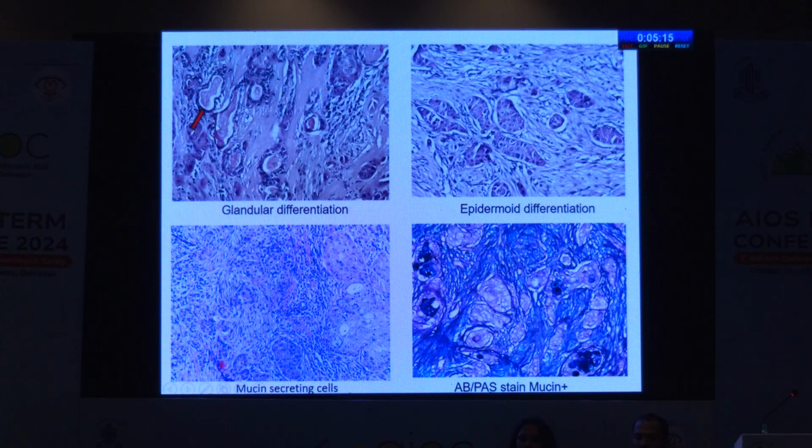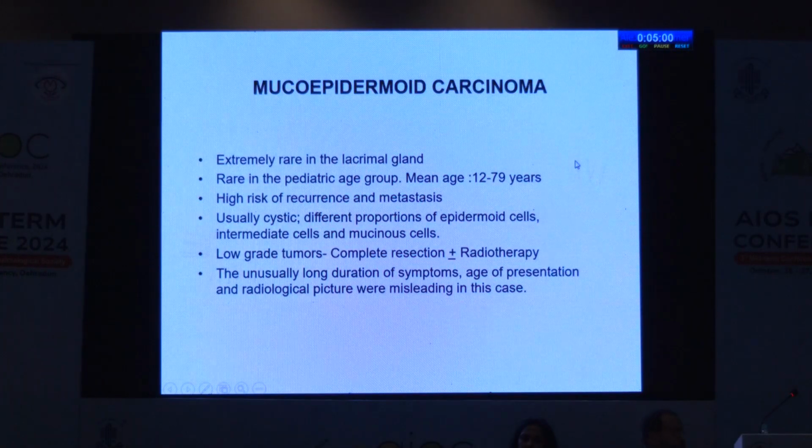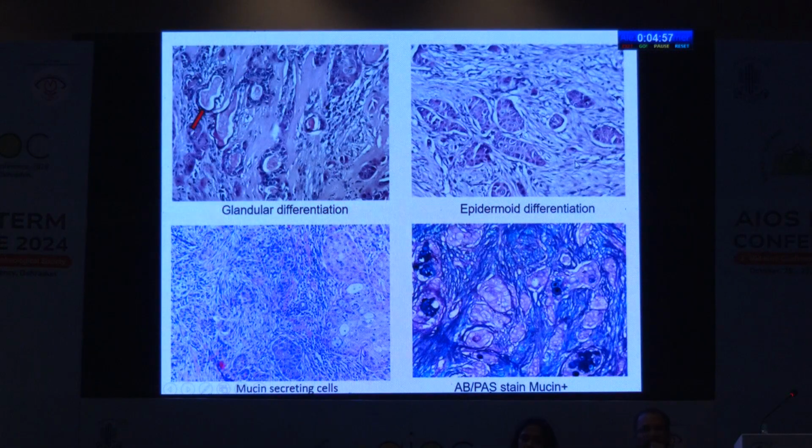This was a tumor where there were multiple elements. This is the glandular element, that is, gland-like arrangement was seen with tumor cells, hyperchromatic nuclei. And also we had the squamoid differentiation in a fibrotic stroma, along with mucin secreting cells, and AB PAS was positive for mucin.